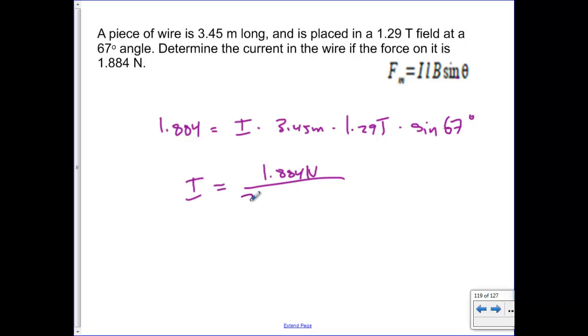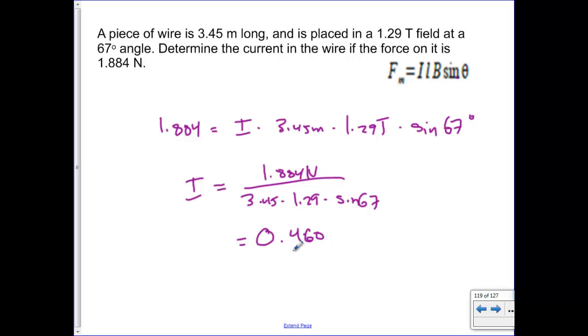Make sure you're in degrees in your calculator. I got 0.460.